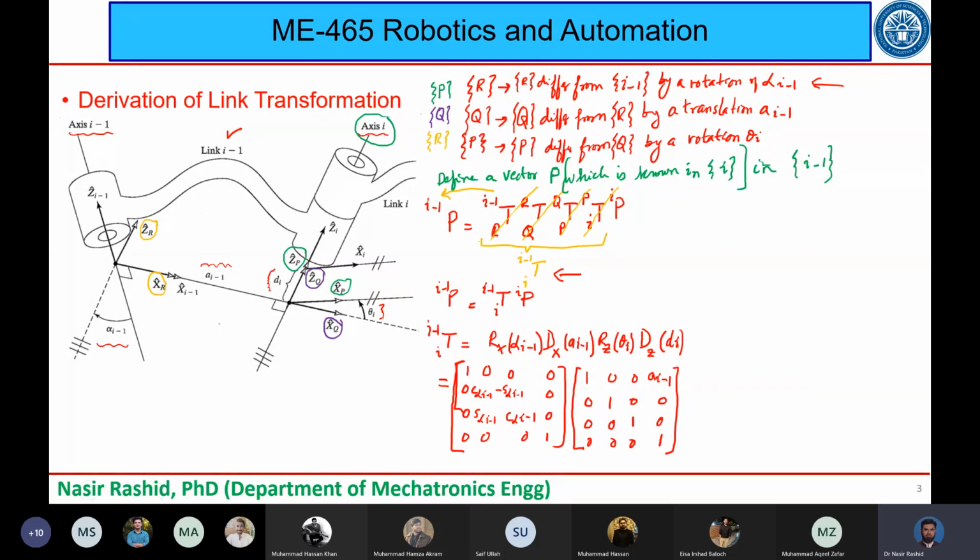So this is the translation in x-axis. The next is rotation about z by an angle theta_i. So let me just write that down here. So what would I have here?